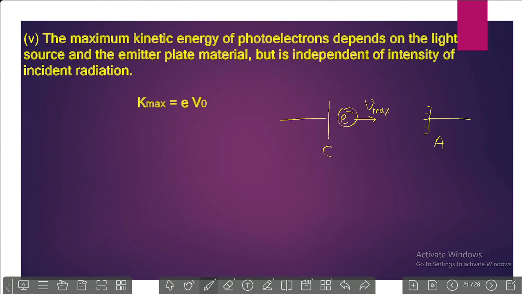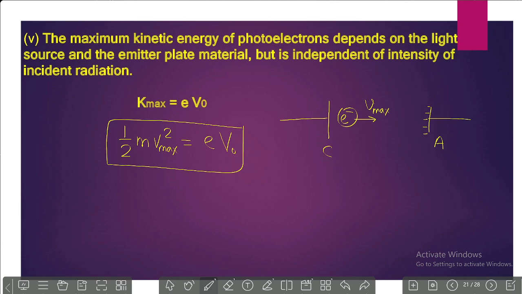So if you make the anode negative, the electron will not go. That means the kinetic energy is stopped by potential energy, or kinetic energy is equal to potential energy. So here you can write K max equal to charge into potential. K max is nothing but half m V max square, equal to eV naught. eV naught is the stopping potential.